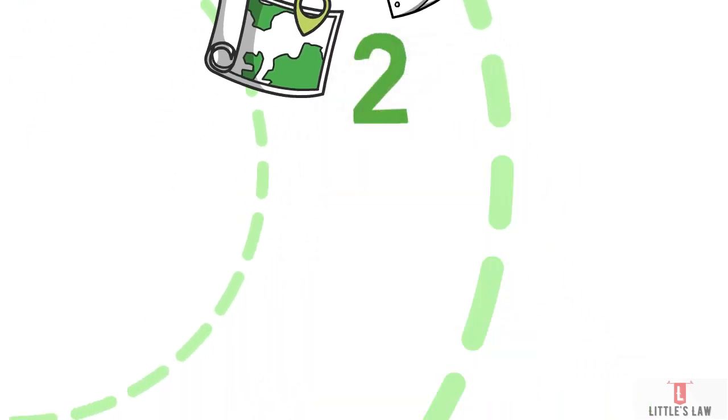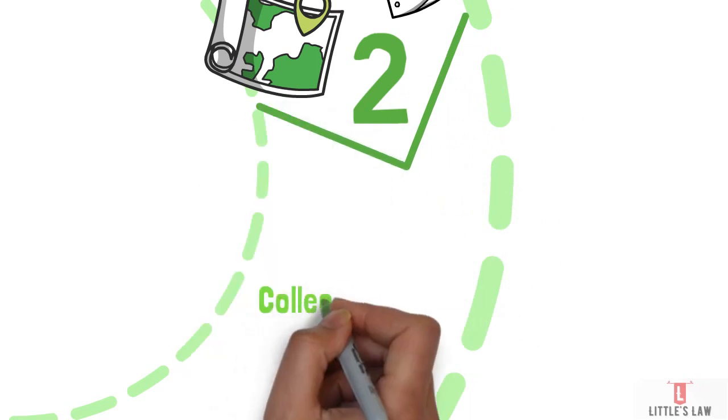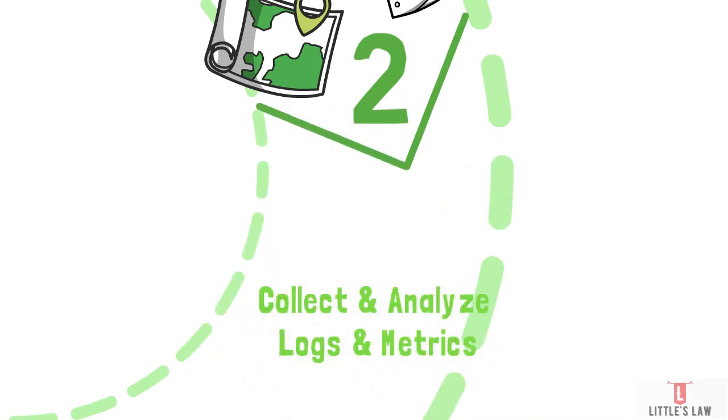Now moving on to the second step. In the second step, we have to collect and analyze the logs and metrics. When it comes to log analysis, we have to collect logs from all the components, especially from the load balancers, the web servers, the application servers, and even the database servers. We have to look for errors, warnings or any timeouts.